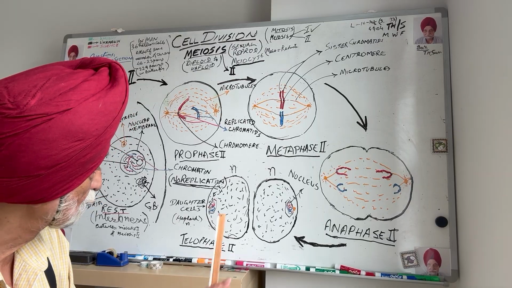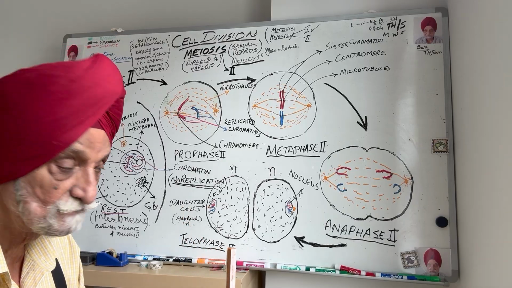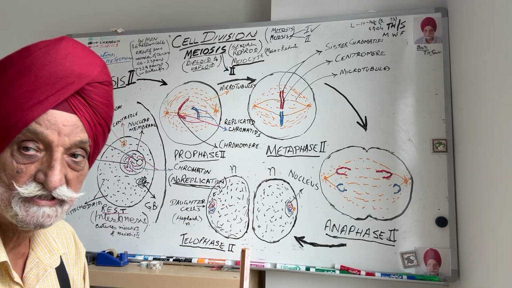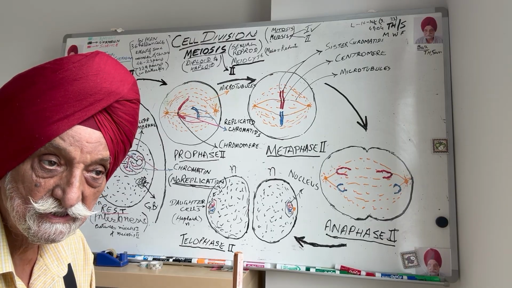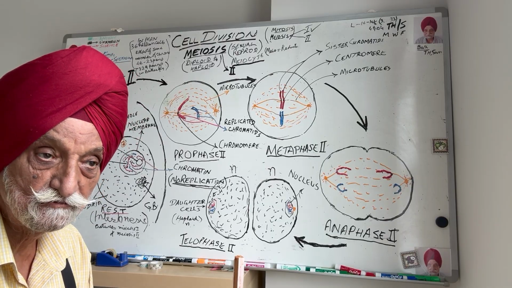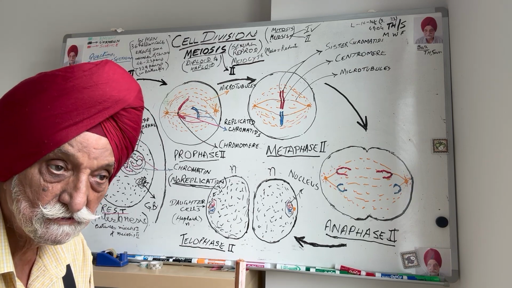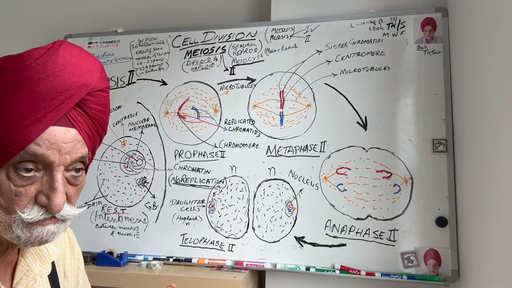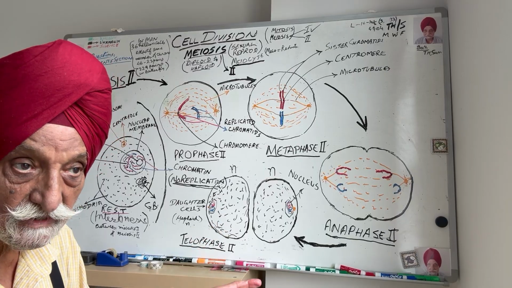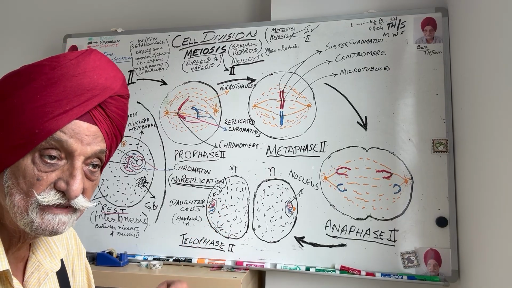Now, we will see how these change. The four cells which are formed change into gametes, I mean sperms and ova, which will mean spermatogenesis and oogenesis. We shall see spermatogenesis and oogenesis separately. Now that is meiosis II. And meiosis I I have already explained.